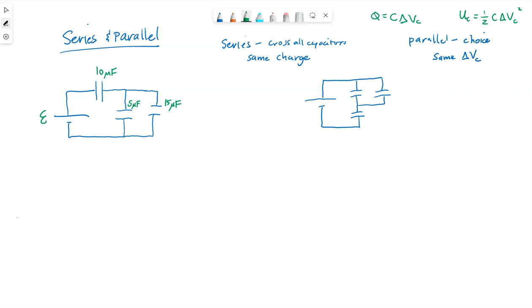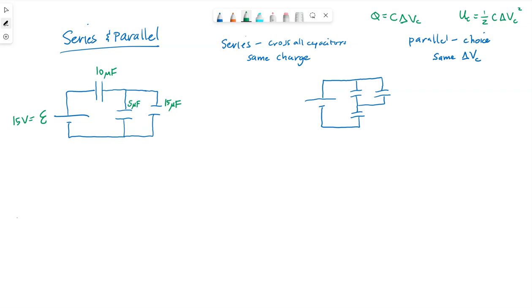So we have 3 capacitors, and they're connected to a battery that has a voltage value of 15 volts. I'm realizing I might have said we didn't know the battery value. I'm a little tired at the moment.